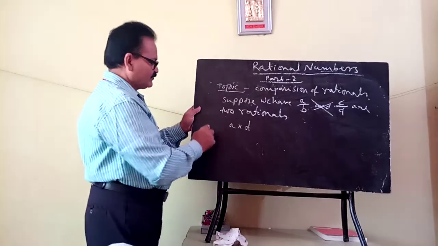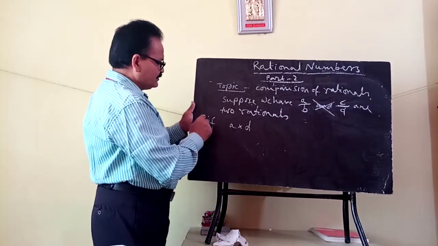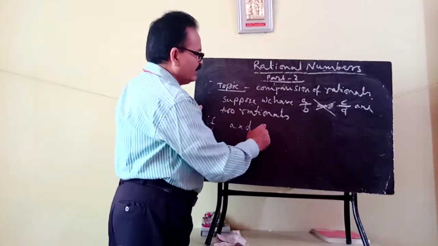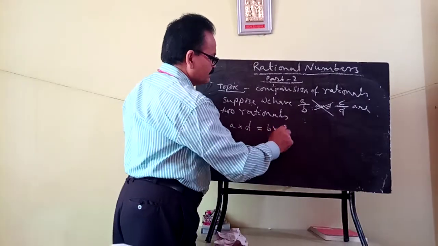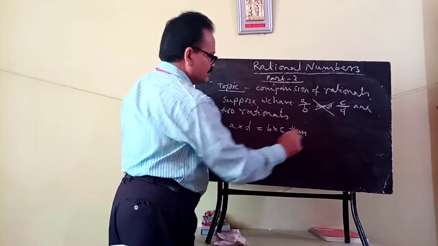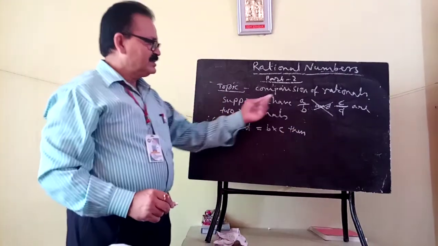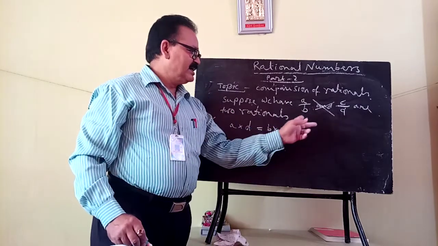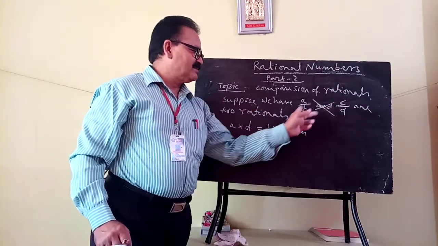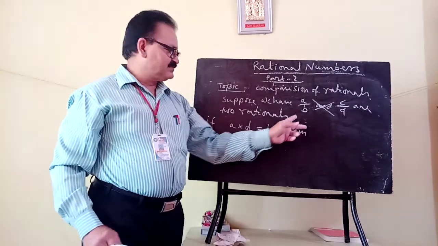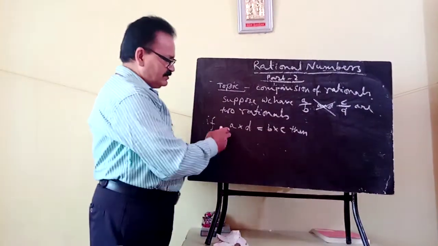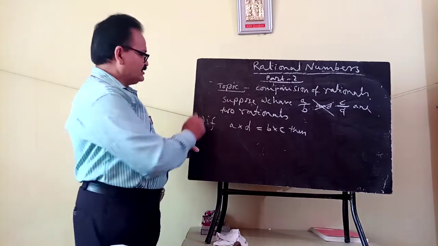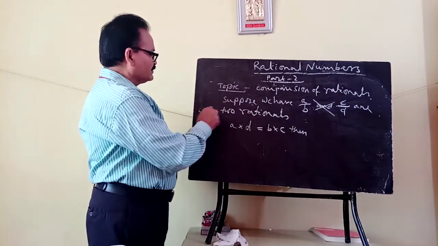If A cross D equals B cross C, that is, if the product of the numerator of the first multiplied with the denominator of the second, and the numerator of the second multiplied by the denominator of the first rational, are equal, then this is your case 1.